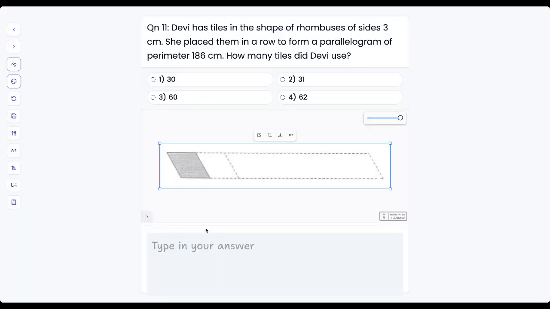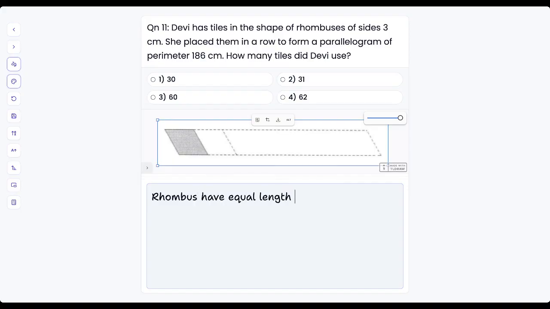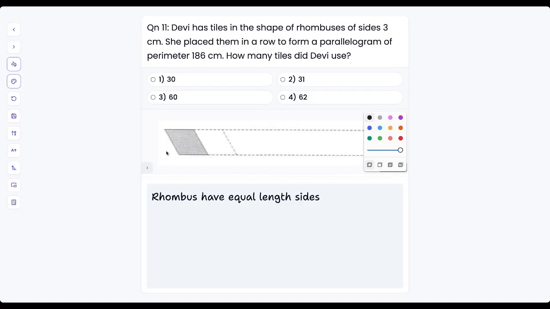Okay, so first things first, right? What is the property of a rhombus? So rhombuses have equal length sides. So what do I mean by that? If I put an arrow like this, this is 3 centimeters.